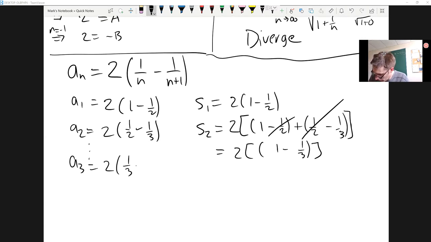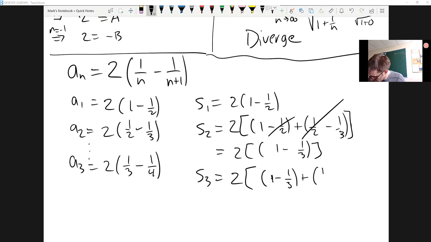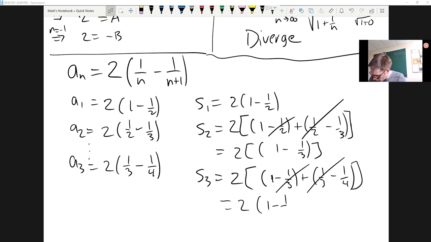And if we were to go a step further, A3 would be 1/3 minus 1/4, all times 2. And S3 would therefore be equal to 2 times 1 minus 1/3 plus the last term. And at that point, we're left with just 2 times 1 minus 1/4.